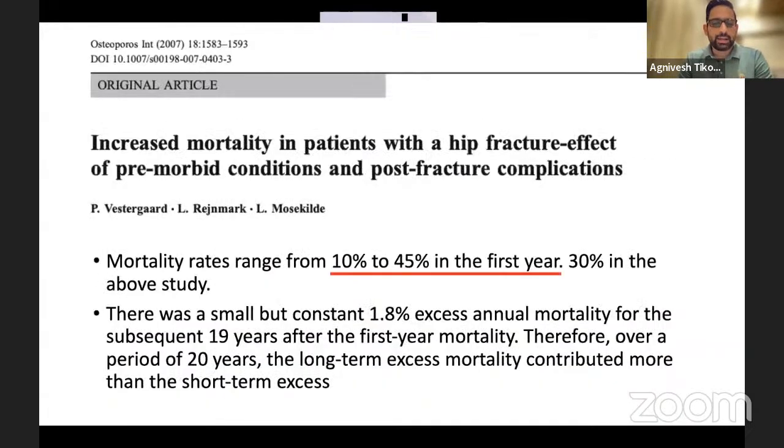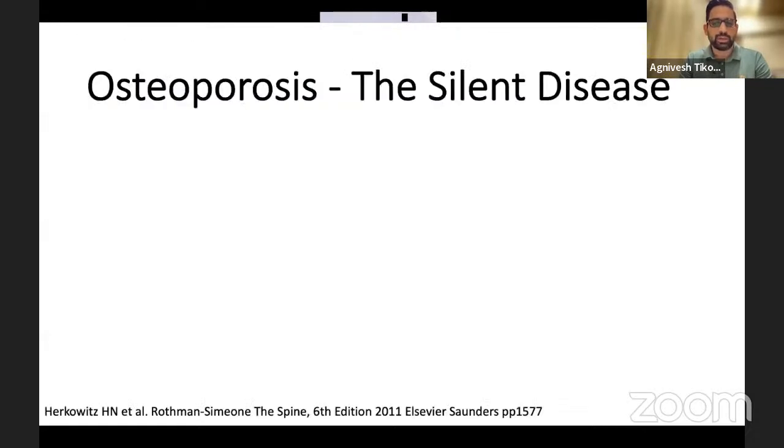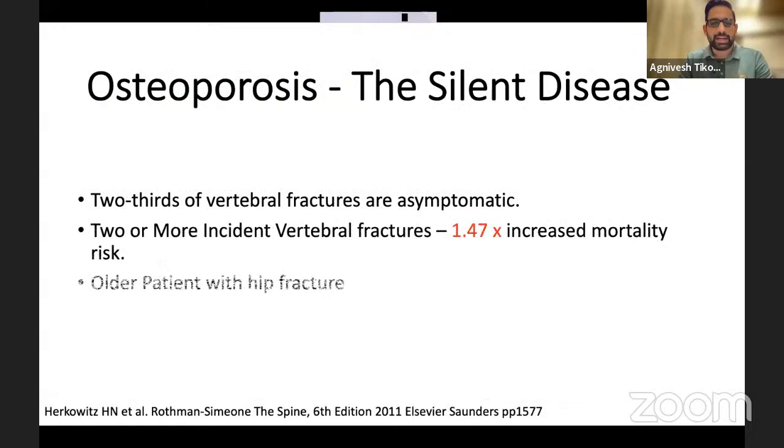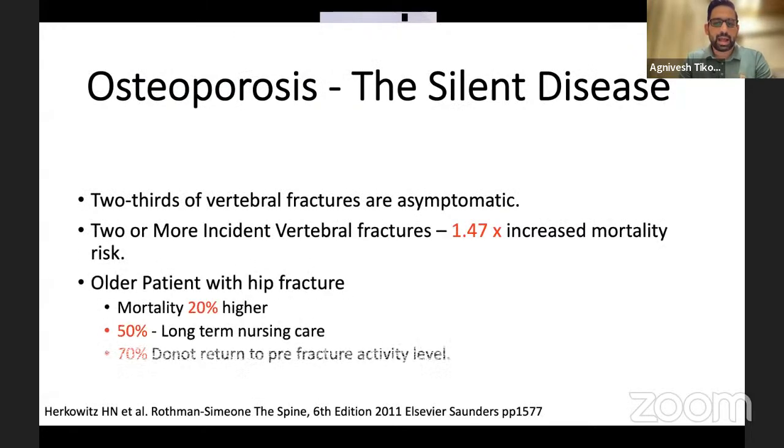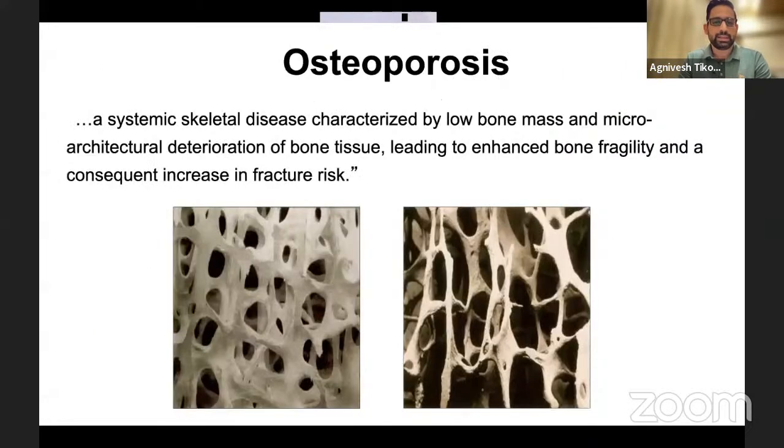And the mortality rate of an osteoporotic fracture is also very high. A huge number of these patients are not able to make it beyond their first year. And 80% of them can never go back to their activities. So that is why this is labeled as a silent killer, not a silent disease.